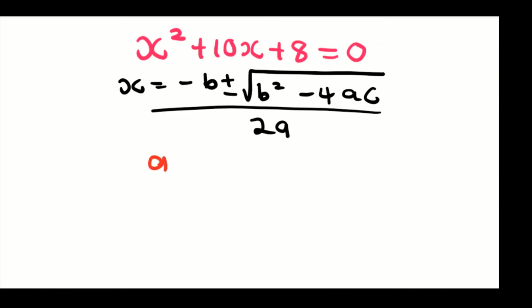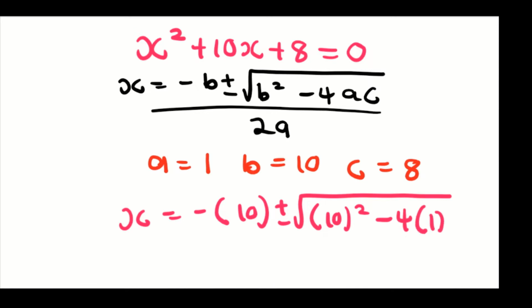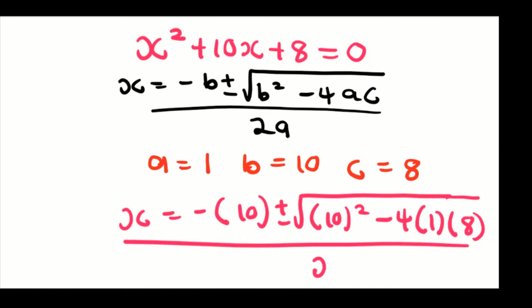Our a value is 1, our b value is 10, our c value is 8. So you substitute these values into your quadratic formula, and then you have x equals minus 10 plus or minus the root of 10 squared minus 4 times 1 times 8, and then we divide by 2 times 1.